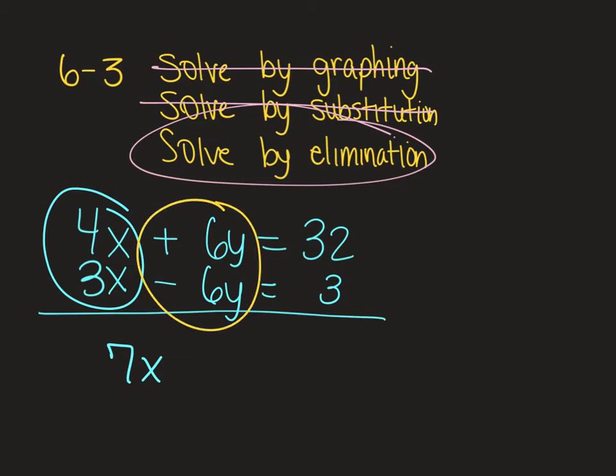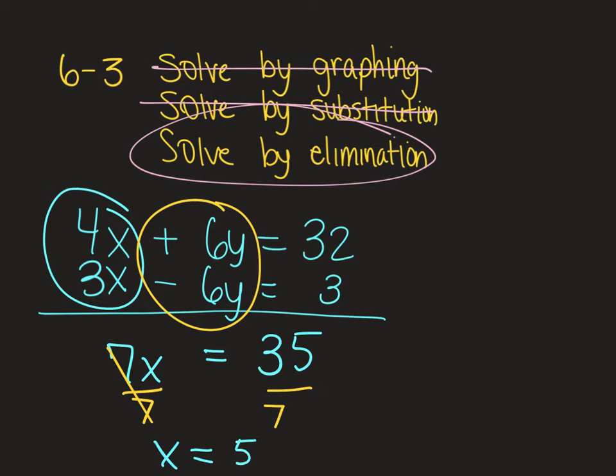A negative 6y and a positive 6y would be gone, eliminated. Not there anymore. Poof, disappeared. A 32 and a 3, since they're both positive, would make 35. Divide by 7, x is 5.